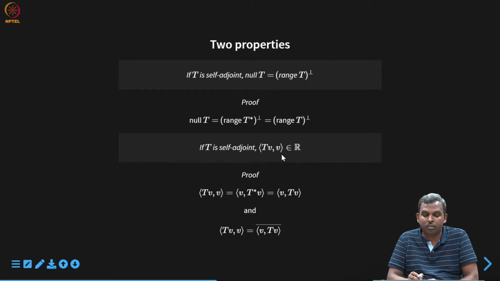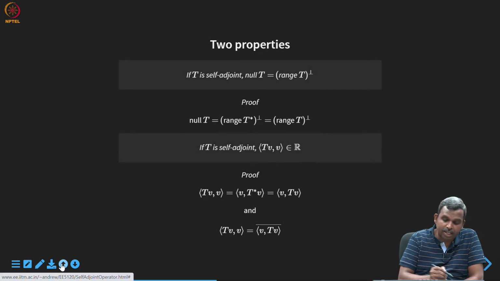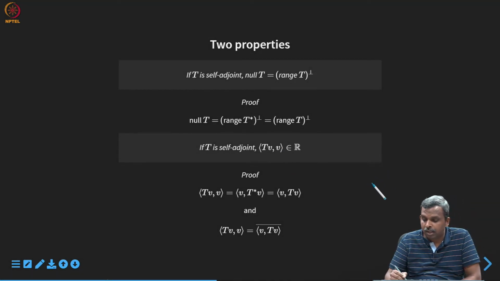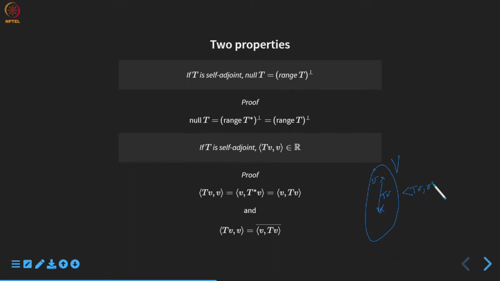So TV comma V seems to be something interesting. In general, it will play an important role when you look at self-adjoint operators. You have V and it goes to TV, and this inner product TV comma V will play a very central role in understanding and characterizing what self-adjoint operators are.